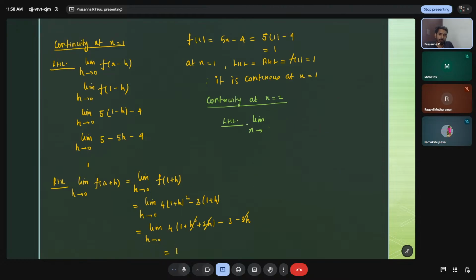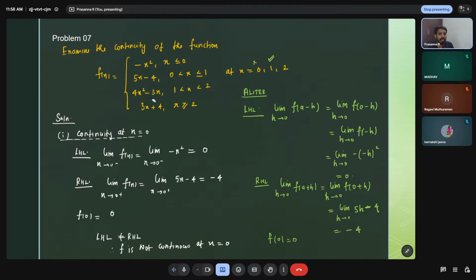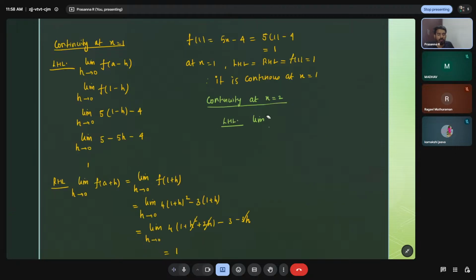By definition it means limit h tending to 0 of f of a minus h. If you are doing directly, you can directly write limit x tending to 0 minus, 0 plus, limit x tending to 1 minus, 1 plus, 2 minus, 2 plus, right? I will go in that shortcut way, I will do this in the shortcut way.